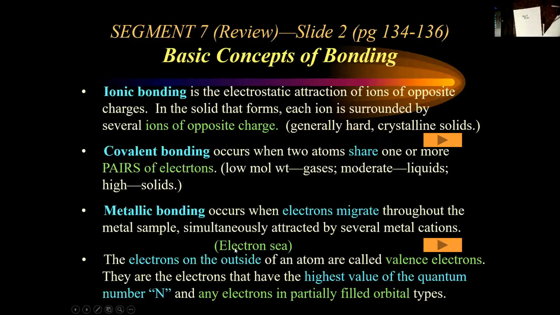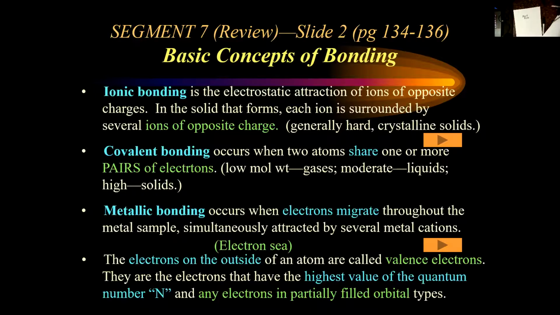Okay, we talked about valence electrons already. They're the ones that are typically going to have the highest n number. On the outside of any atom, when we build the electron configuration, it's going to have s and p orbitals outside, and the ones with the highest n value are the biggest ones.